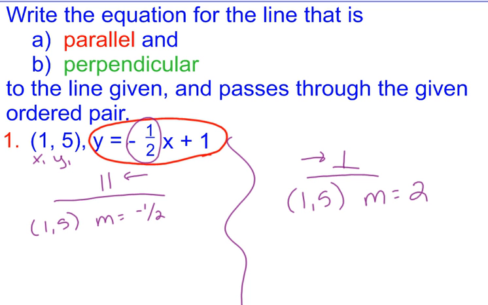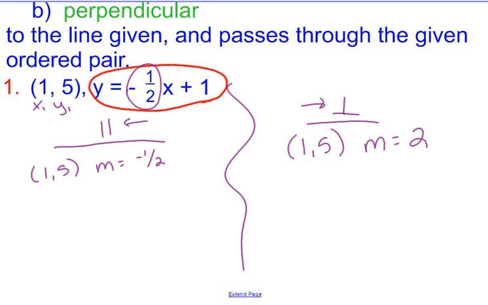From here, for each of these, you're going to put them in point slope form, slope-intercept form, and standard form. I'm going to start with the first one, and I'm going to go in point slope form. Let's start with my parallel.